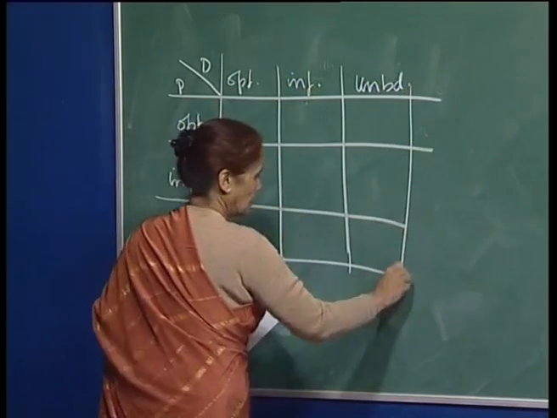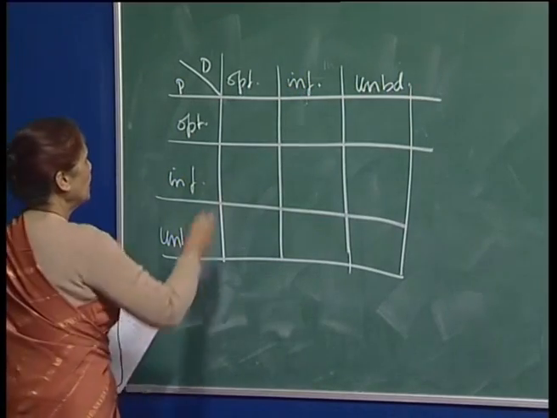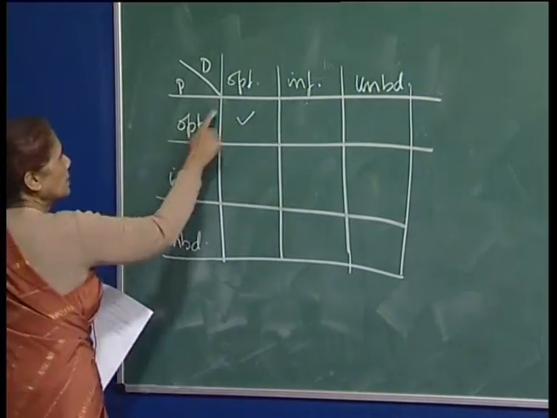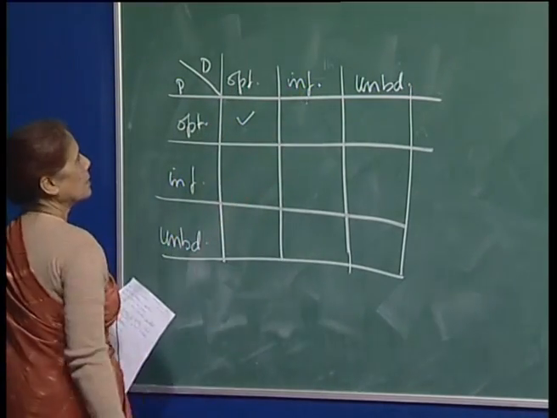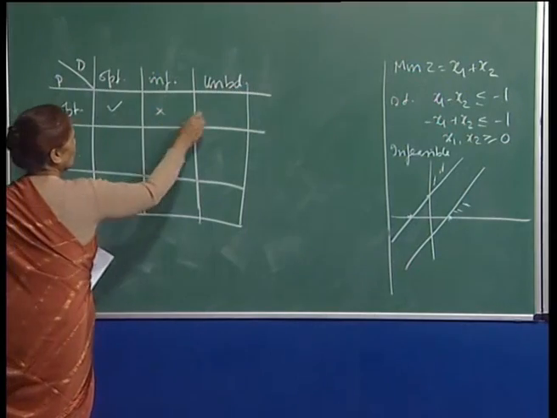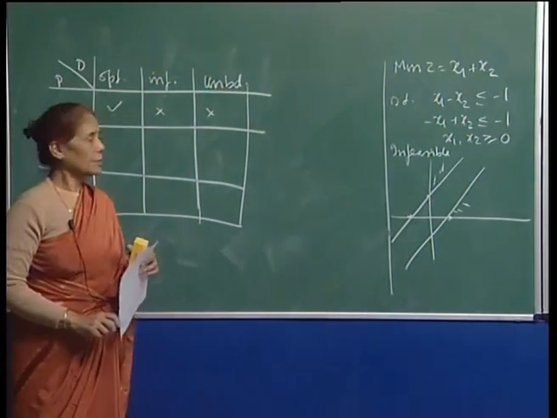So, your chart will look like this. Now, when both are optimal, when one is optimal, the other is also optimal from your fundamental theorem of duality, then if this is optimal, this is not possible. The dual problem cannot be infeasible or unbounded.